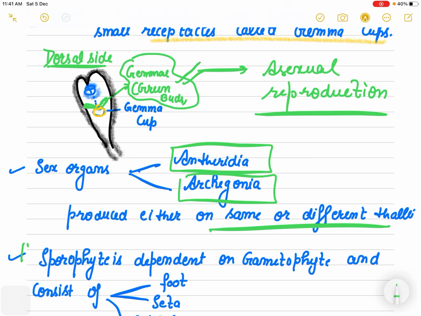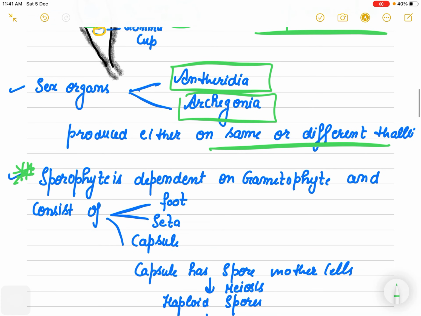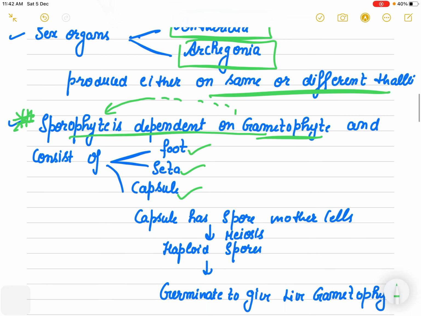Now, one major characteristic we discussed in the bryophytes is that the predominant phase is definitely the gametophyte, but they have a sporophytic body also, and the sporophyte is dependent on the gametophyte. It consists of foot, seta and capsule.